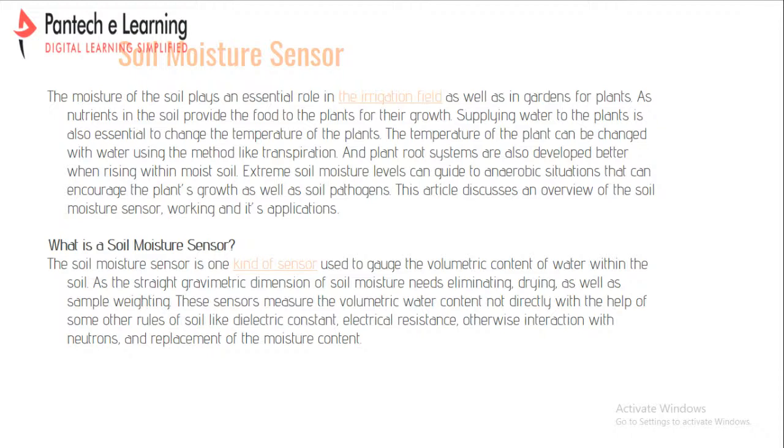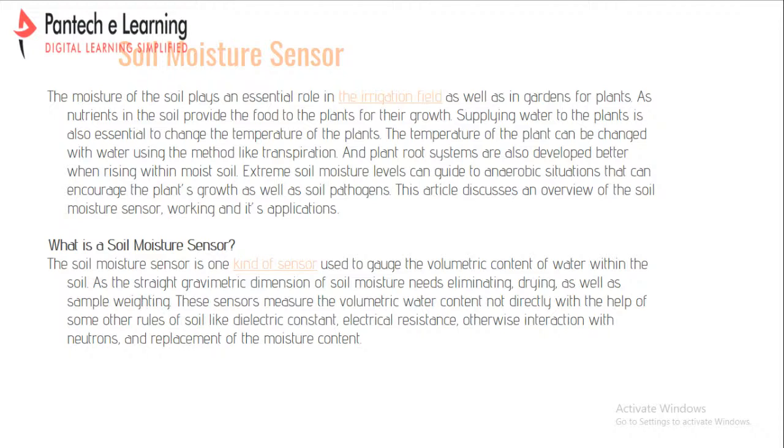And the next sensor is the soil moisture sensor. The moisture of the soil plays an essential role. Basically here we have two electrodes. Based on the difference between the two electrodes, we measure the electrical resistance between the two. Whenever you keep it in soil, the dielectric constant of the soil creates some electrical resistance based on dry and wet.